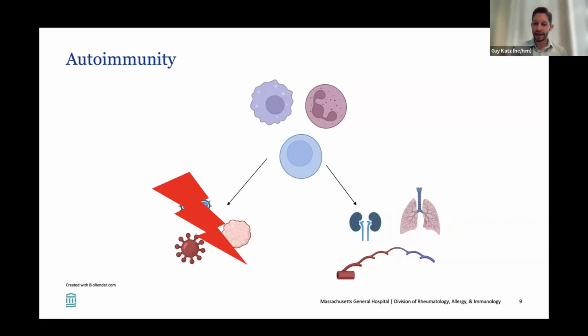And what happens when that occurs is that the immune system now thinks that those parts of the body are foreign. So it treats them the same way that it would treat anything else that's foreign, and it attacks those parts of the body as well. That's what causes the inflammation in autoimmunity. And where the inflammation occurs depends on where it is that the body is recognizing its own cells as foreign. And that is different for every type of vasculitis.